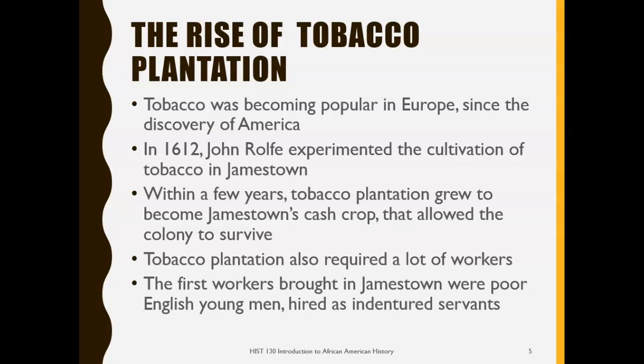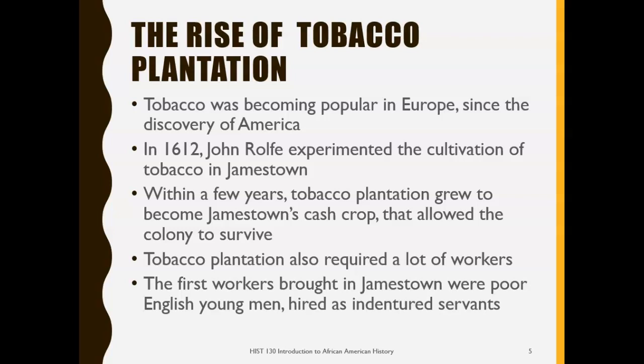However, with regard to the English colonies, it was John Rolfe in 1612 who first experimented with the cultivation of tobacco in Jamestown. And soon after that, the plantation of tobacco grew exponentially and became the main cash crop that brought money to the colony and allowed it to survive.